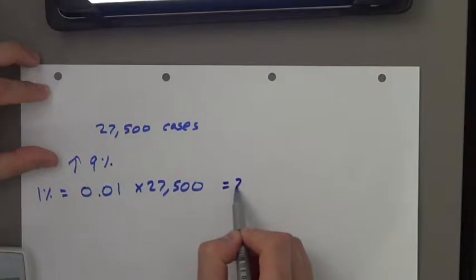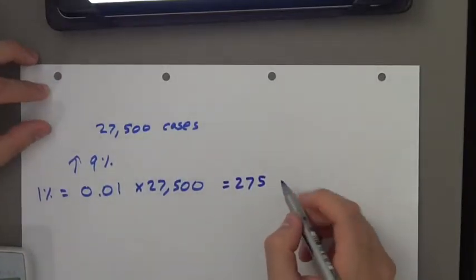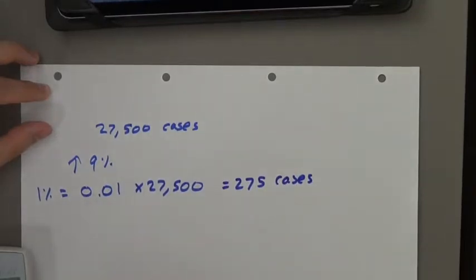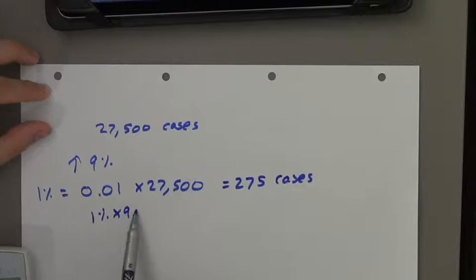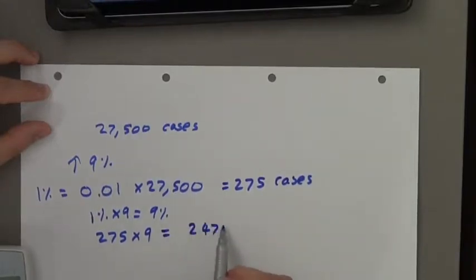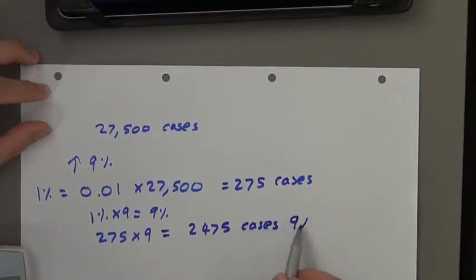That gives me 275 cases is 1%. Now 9% is going to be 1% times 9. So I'm going to do 275 times 9 equals 2,475 cases is going to be 9%.